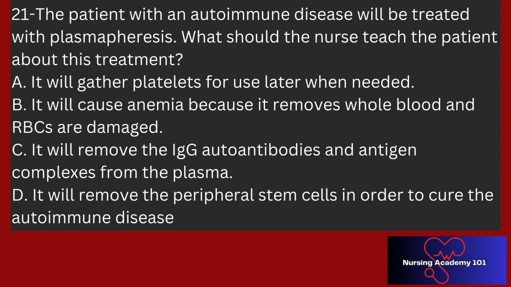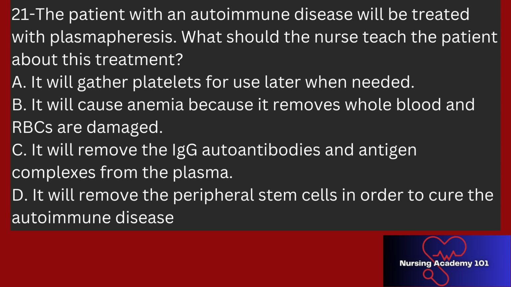Question number 21. The patient with an autoimmune disease will be treated with plasmapheresis. What should the nurse teach the patient about this treatment? A. It will gather platelets for use later when needed. B. It will cause anemia because it removes whole blood and RBCs are damaged.